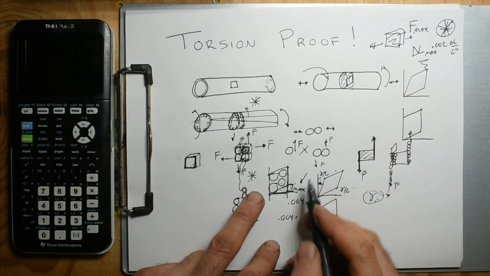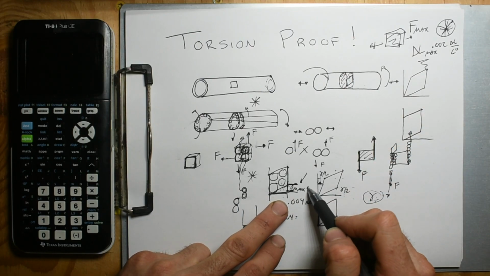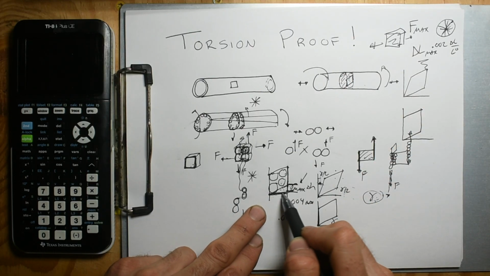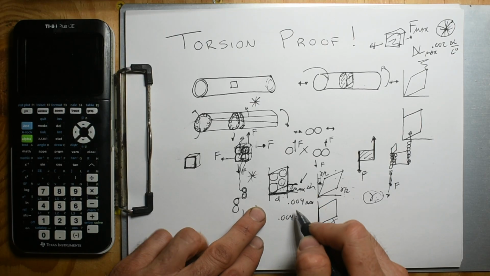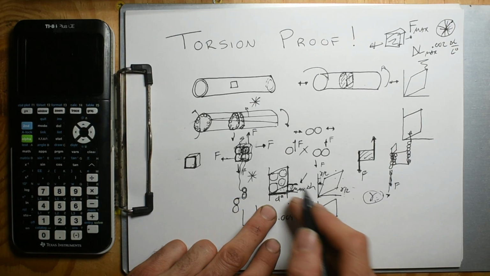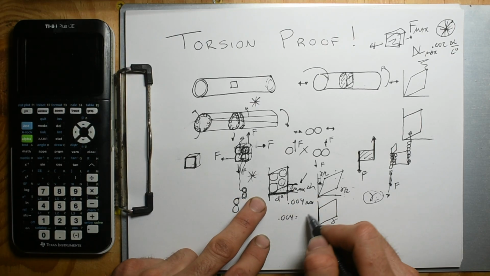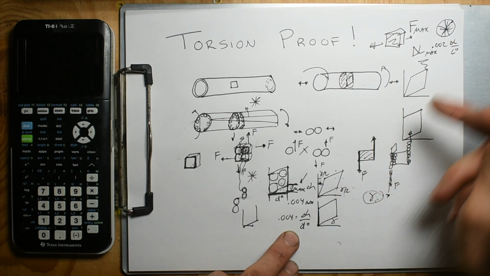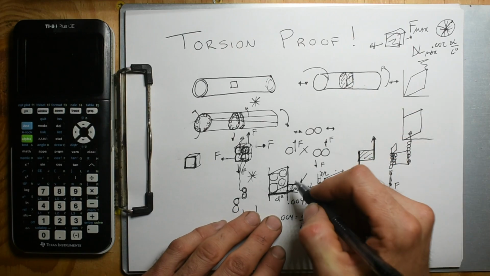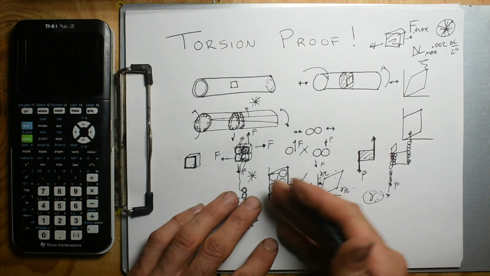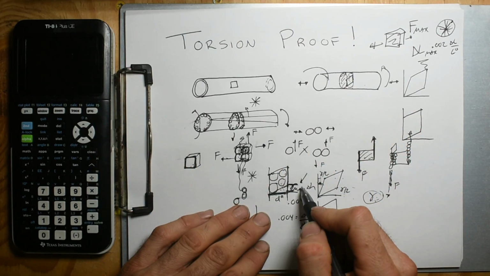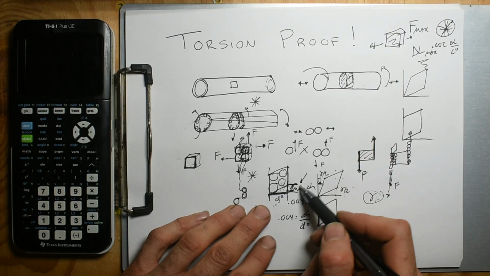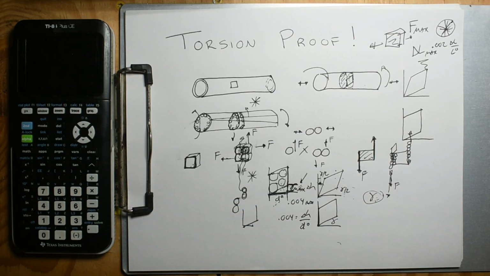This 0.004 is still this change in height divided by this, I'm just going to call it d, the initial distance. So we have change in height over initial distance. These two things are synonymous because this angle is real small, and we can neglect a sine or a tangent, in this case a tangent, to relate those two sides.